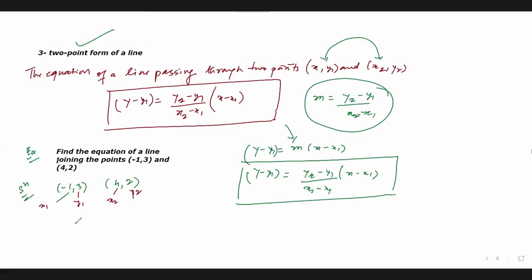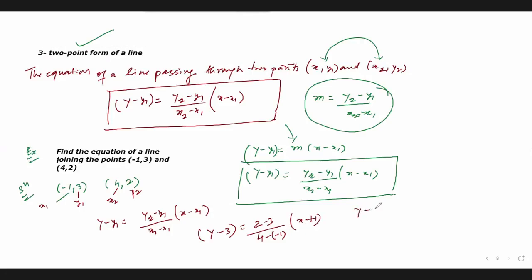So what will be my slope? Or don't calculate a slope. You can directly put in the equation that is y minus y1 equals y2 minus y1 divided by x2 minus x1, bracket x minus x1. So y minus 3 is equal to 2 minus 3 divided by 4 minus of minus 1 and x minus of minus 1, x plus 1.